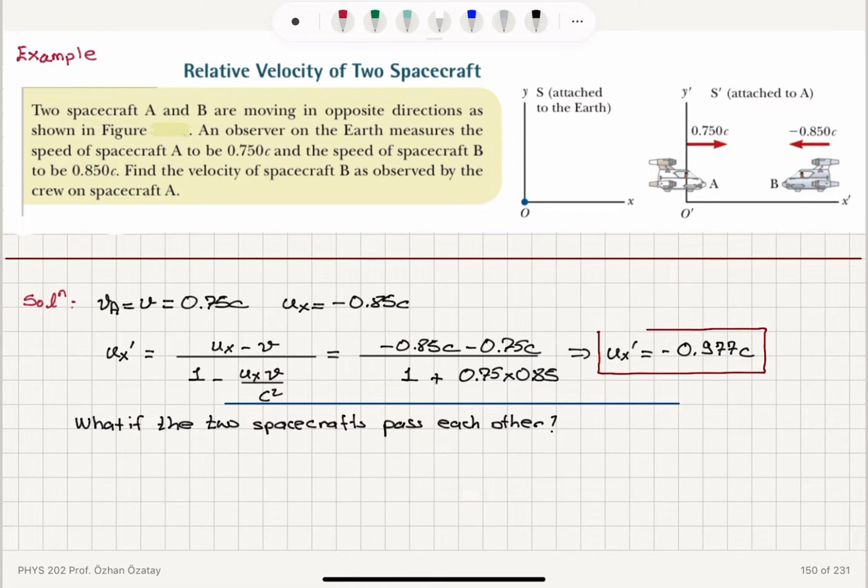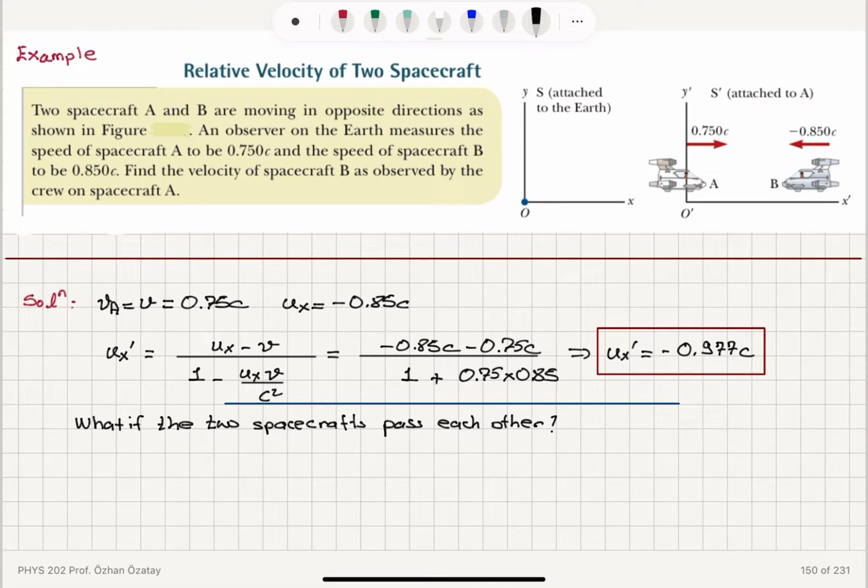You can see that normally, if you use the Galilean transformation, this spacecraft would measure 0.85 plus 0.75, 1.6c. But using the Lorentz transformation, we see that it's actually minus 0.977c, which is close to the speed of light. Now, what happens if the two spacecraft pass each other?